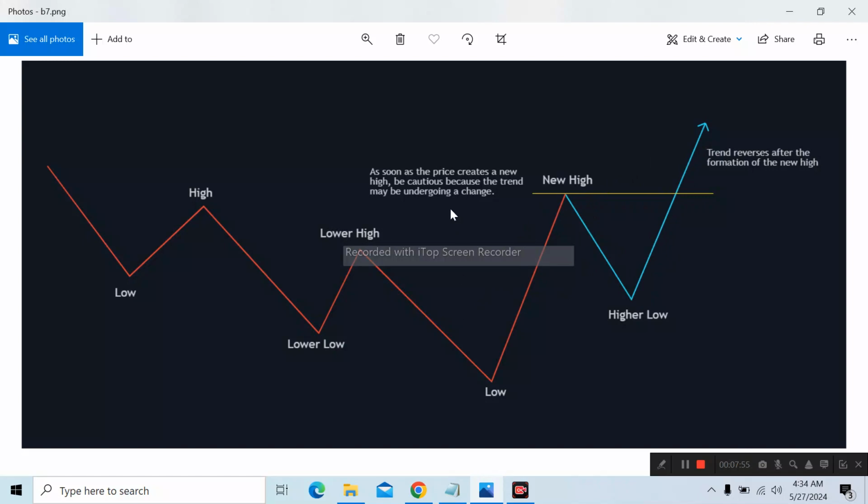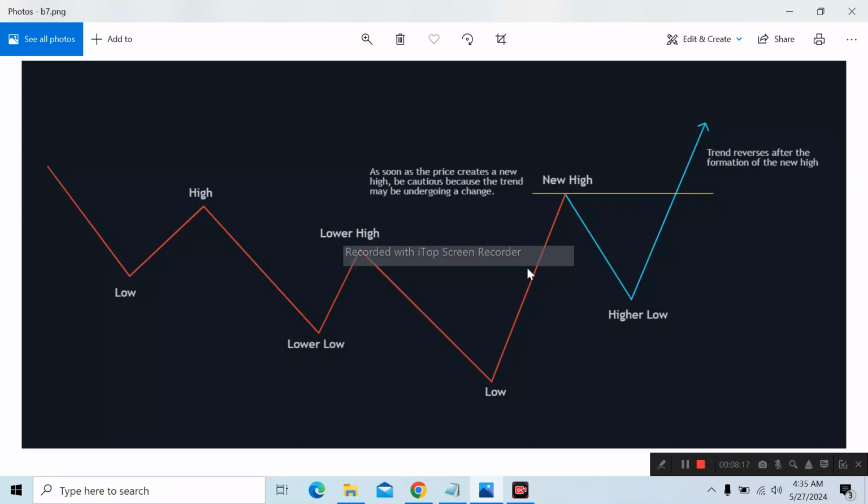It indicates here, as you can see labeled, that as soon as price creates a new high, be cautious because the trend may be undergoing change. Like I've taught you guys, the lower highs price breaks to create a lower low here.